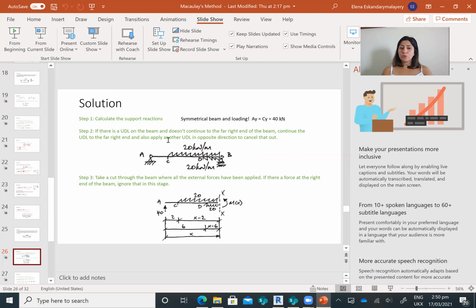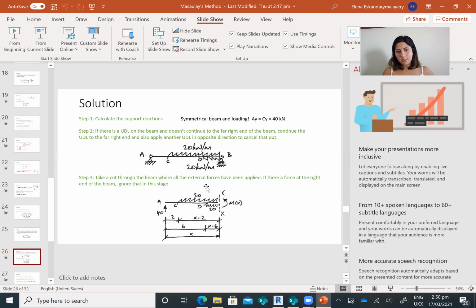And in step 2, because we have UDL, as you can see, I continued the UDL to the end of the beam, and also I applied another UDL upward. So this 20 kilonewton per meter is downward. I apply another 20 kilonewton per meter upward in the place that we didn't have any UDL to cancel that out.